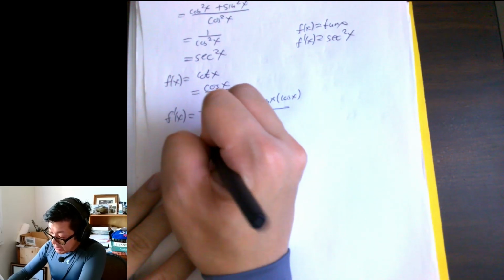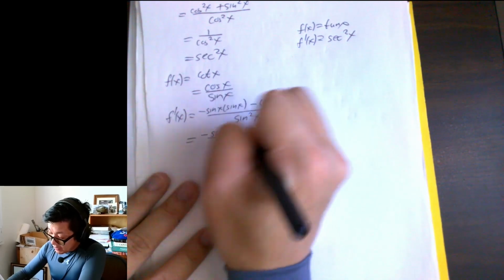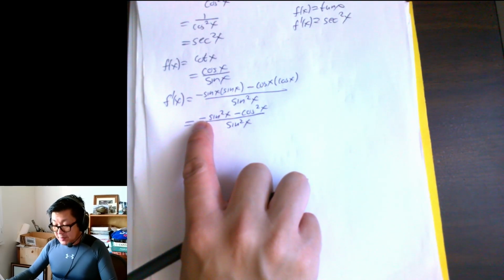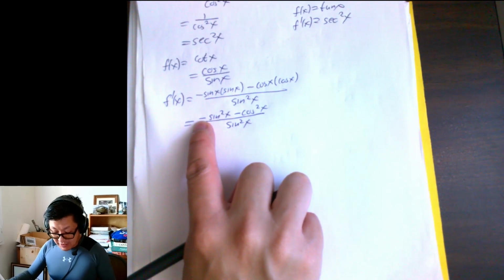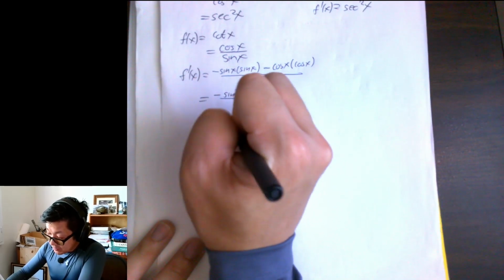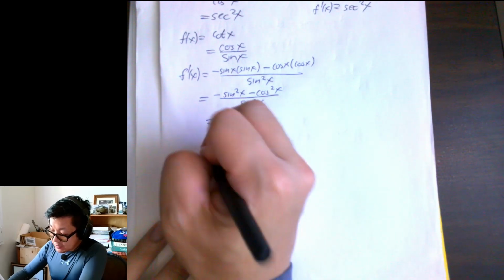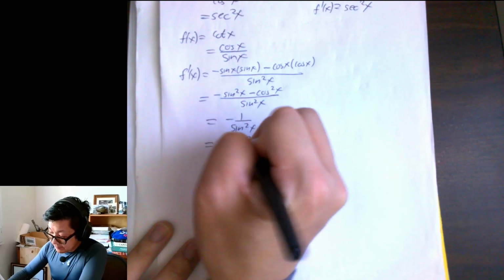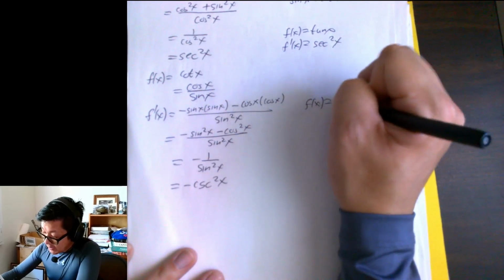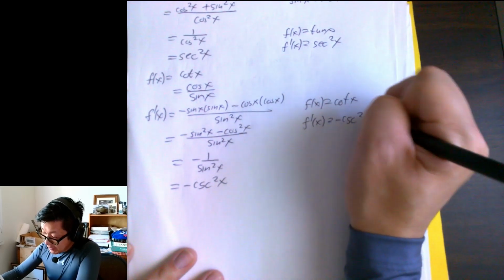Top is now negative sine squared minus cosine squared over sine squared. Factoring out the negative, that just becomes sine squared plus cosine squared. That again is 1. So we have a negative 1 over sine squared x. 1 over sine squared can be rewritten as cosecant squared. So, summary, if your function is cotan x, the derivative of that is negative cosecant squared x.